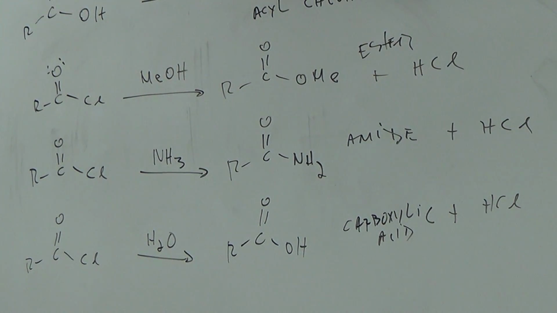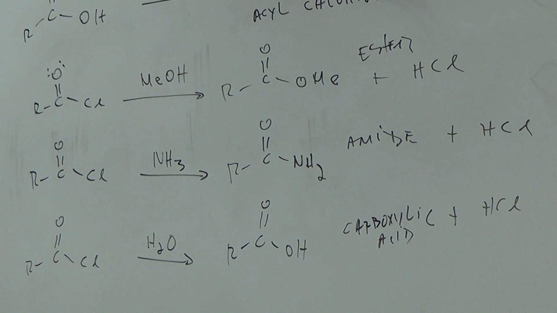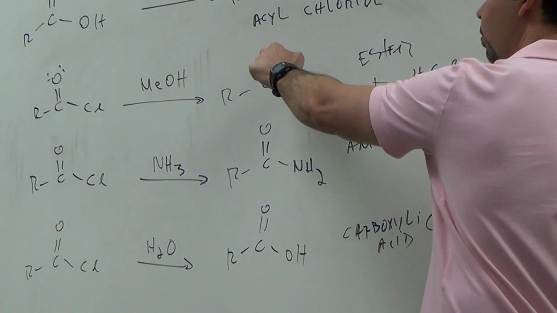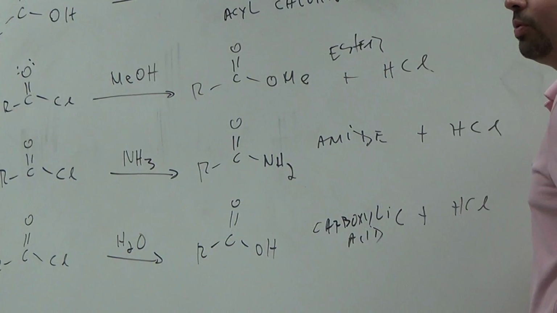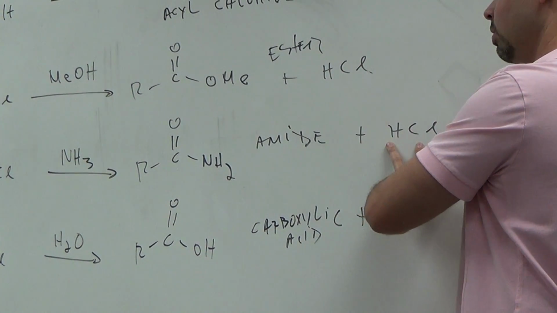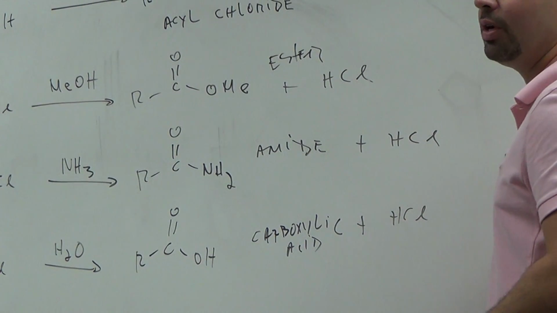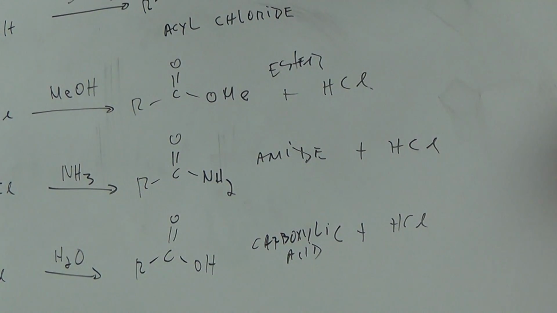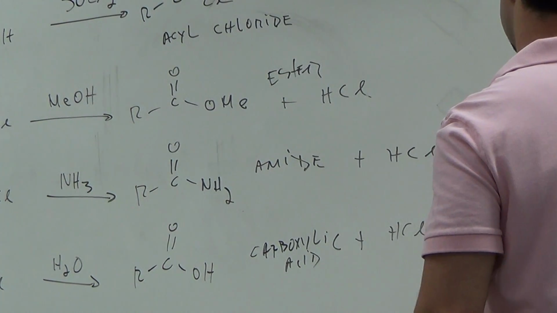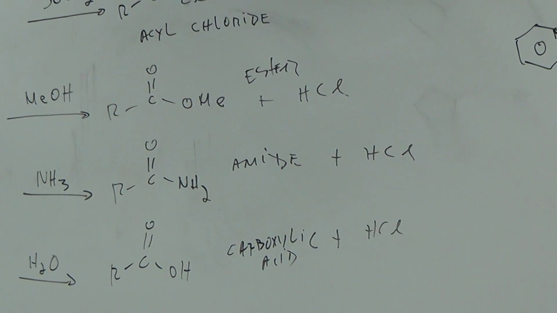Like it did before. So we want to add something that will take this away, so the HCl doesn't protonate this and make trouble. Most of the time what we add to take this out is pyridine, with the nitrogen.